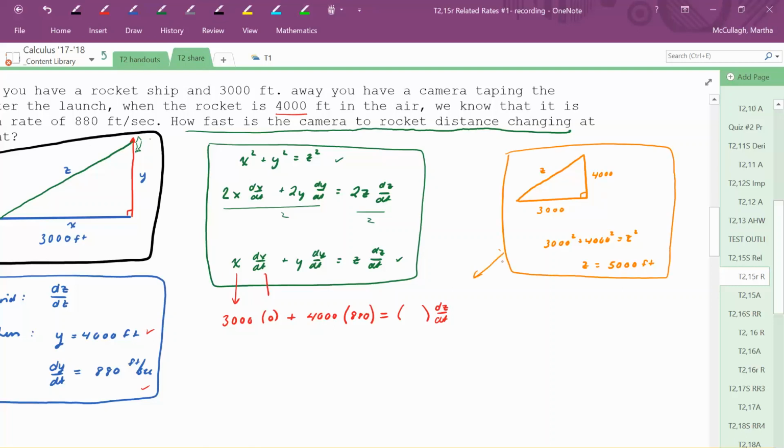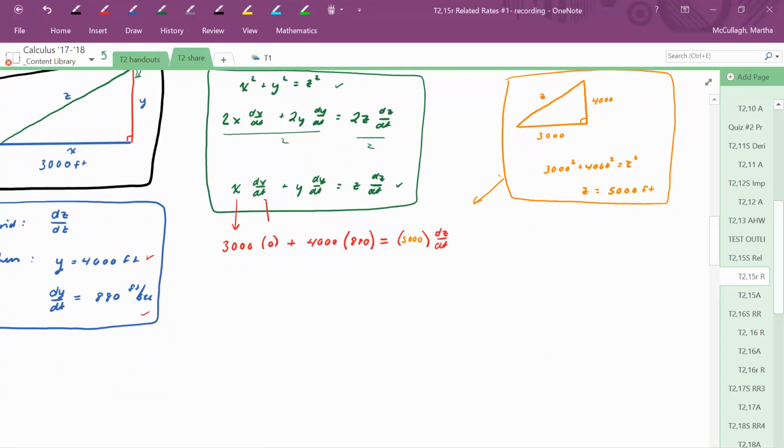So that's going to come back over here as a 5,000. And now it's just time for some algebra and arithmetic. So I've got this 4,000 times 880, because this is 0, divided by the 5,000 on the other side, equals dz dt.